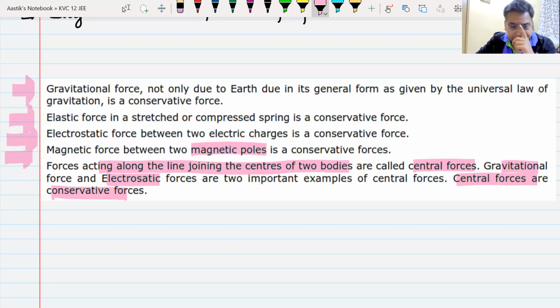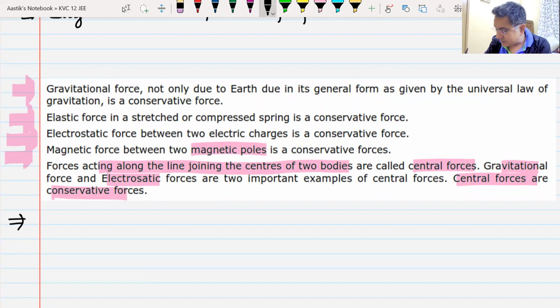Now remember here, you have seen that gravitation, electrostatic, magnetic force, spring force are conservative forces. Every central force is a conservative force.